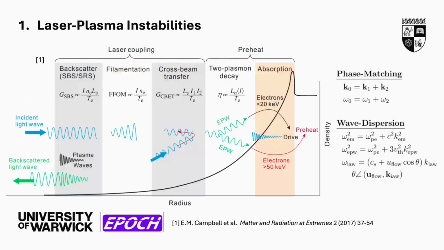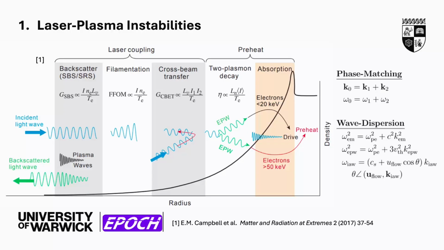This is a nice picture from this paper. I can't draw very well. This is a mock-up of the density profile you get in your ICF capsule. I look at the direct drive case, so you have your fusion pellet and you fire your lasers directly at this normally plastic ablator.